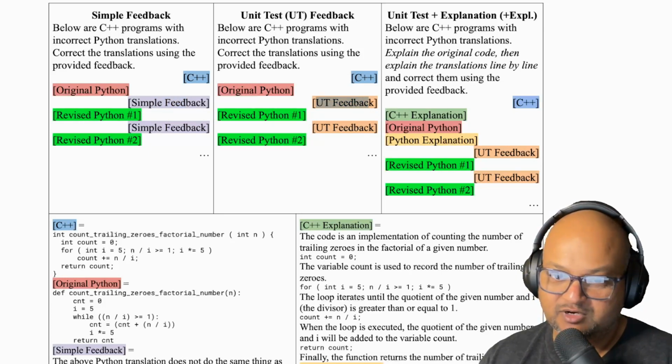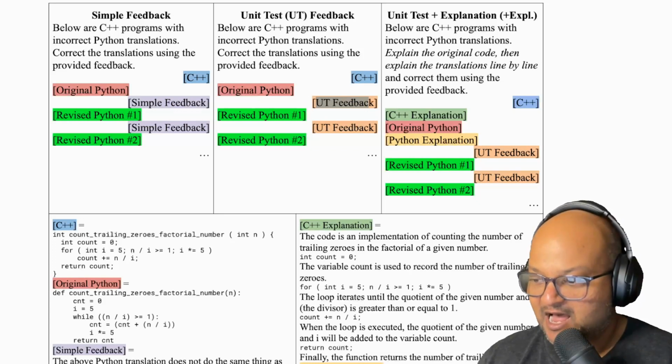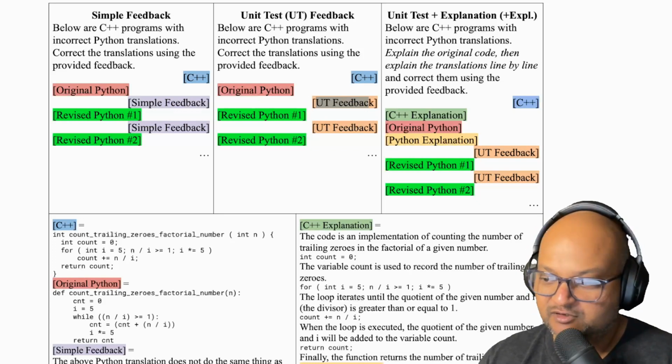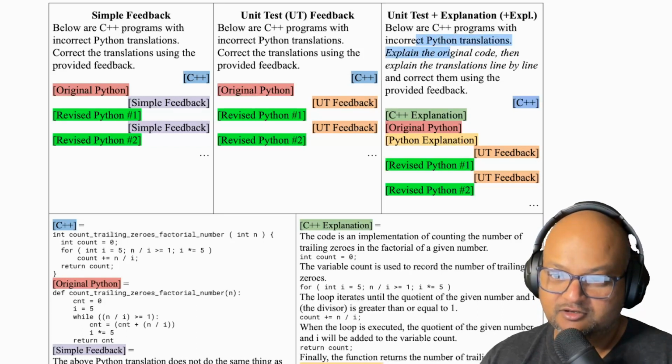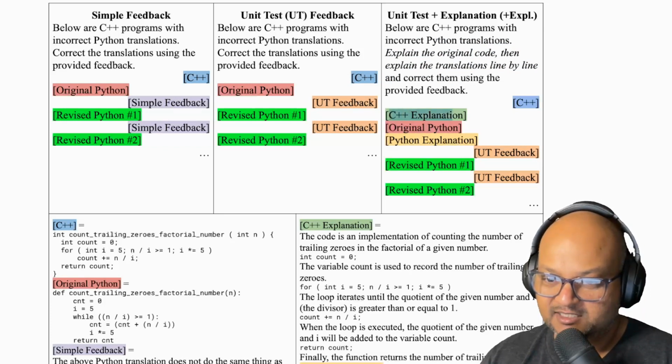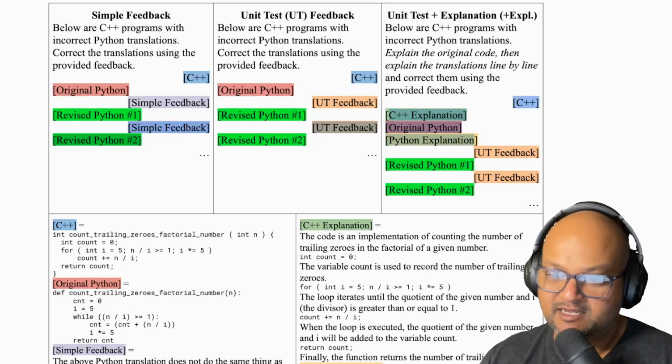So if the predicted Python didn't pass some of a set of unit tests, you could tell it what the failure messages of the breaking unit tests were. And to add one more layer, you could even ask the LLM to predict not just Python, but also explanations of the code that it was generating, and then iterate the prompt based on the prediction.